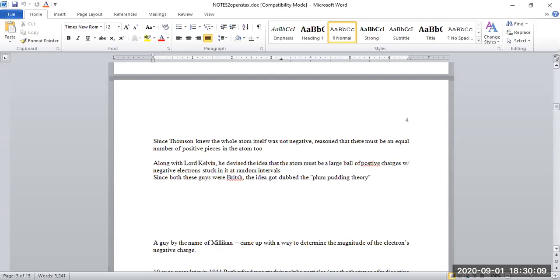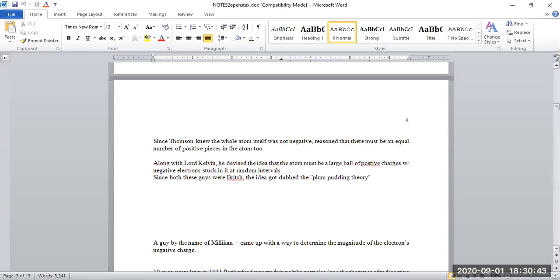Kind of looks like a plum pudding. If you don't know what a plum pudding is, think fruitcake you set on fire, which is about the only thing it's good for. It didn't have any organization to it. You just had this wad of positives and negatives all jammed together. And that's what he thought. It fits the criteria.